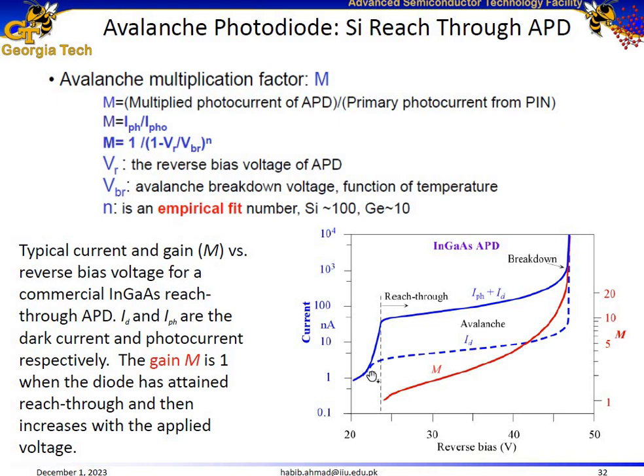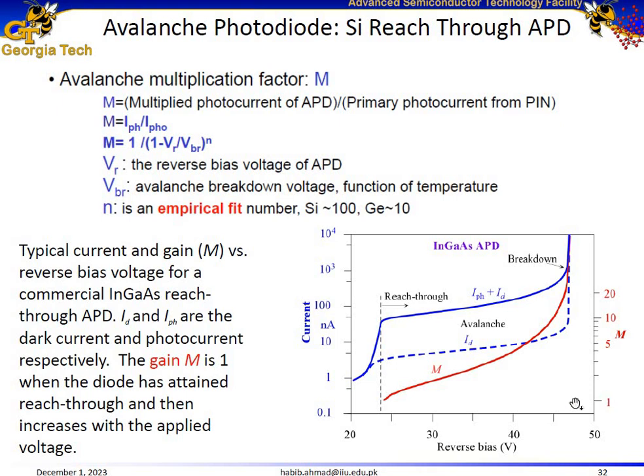Then as we keep increasing the reverse bias voltage, there comes a point where, for example, assume at around 24 volts, we have a multiplication factor of 1.